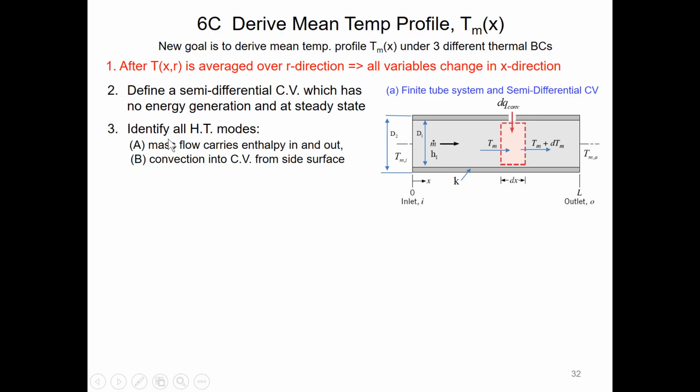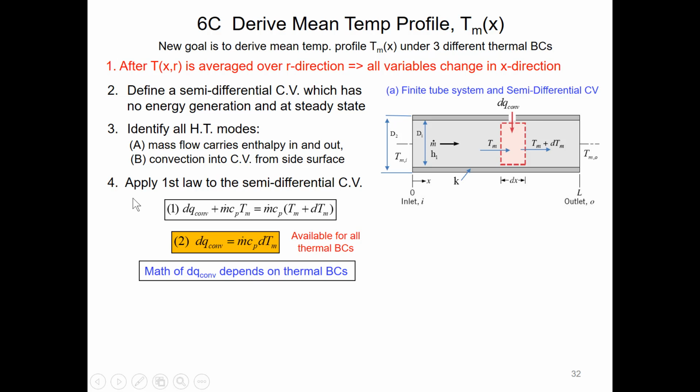3. We can identify all the heat transfer modes for our defined semi-differential control volume, which is mass flow carrying the enthalpy in and out. Convection is into the control volume from the side surface. 4.